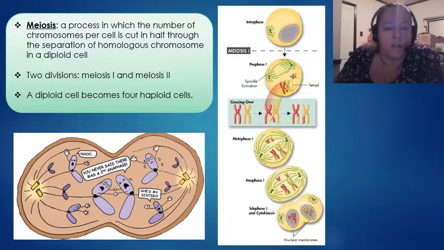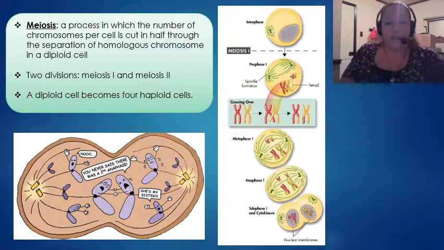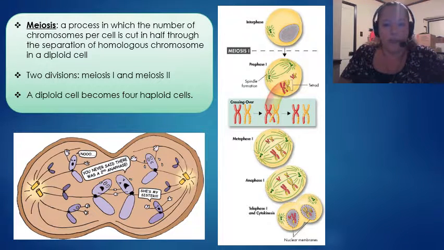Here you see the cell in interphase at the very top. In meiosis 1, it goes through prophase, metaphase, anaphase, telophase. Here you see an example of a tetrad.